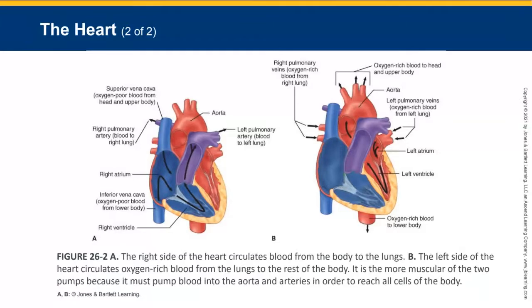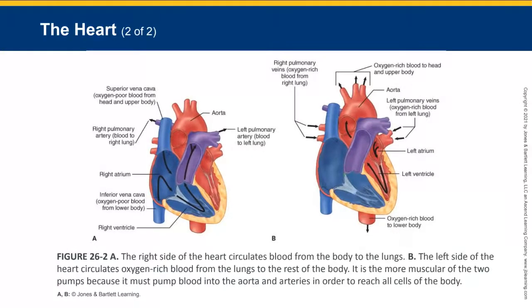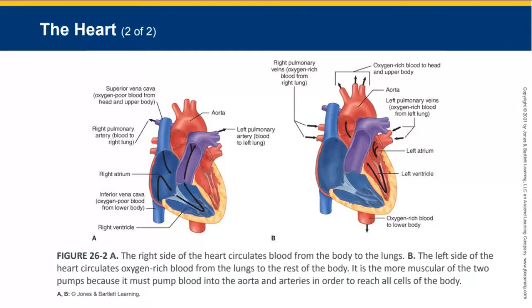So that's the clean side. It is the most muscular of the two pumps because it must pump blood into the aorta and arteries in order to reach all cells of the body. The left ventricle is the largest chamber of the heart because it does the most work.